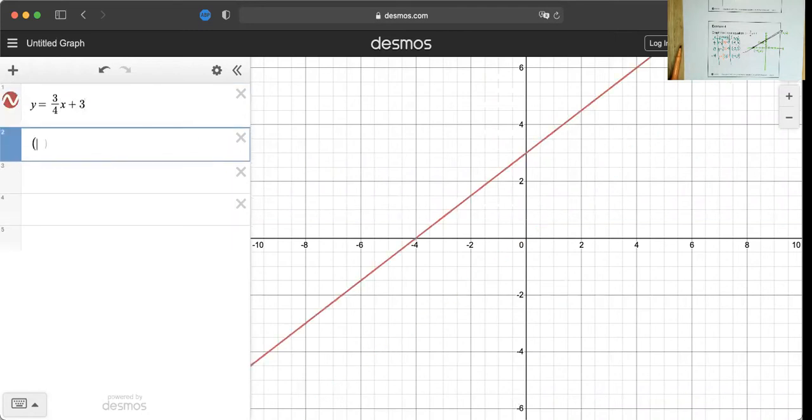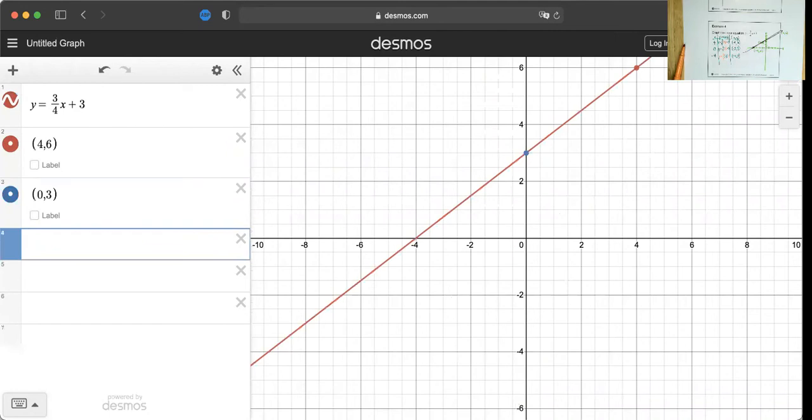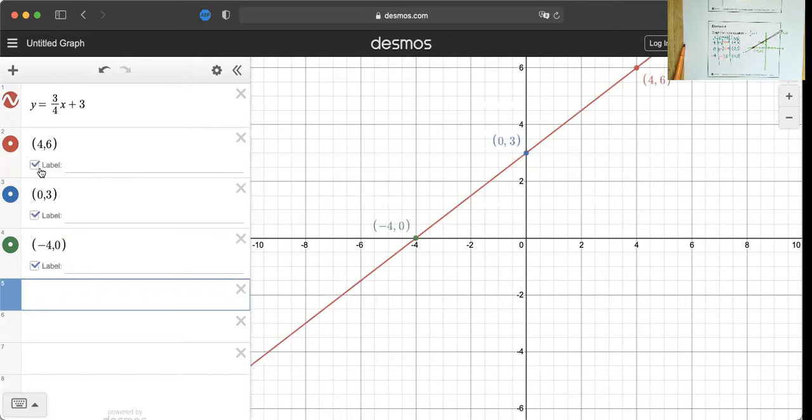And then our points are 4, 6, 0, 3, -4, 0. Okay. Graph the linear equation. That is what you are doing today. Okay.